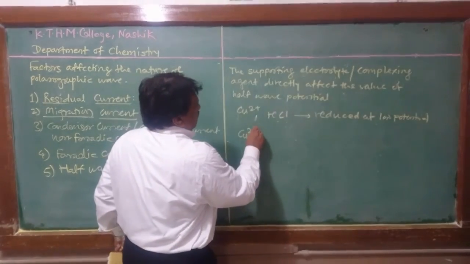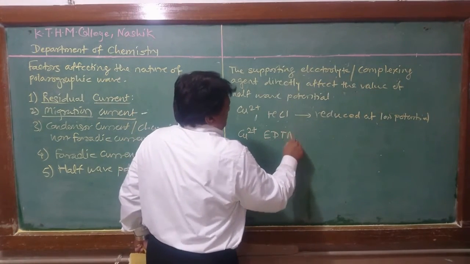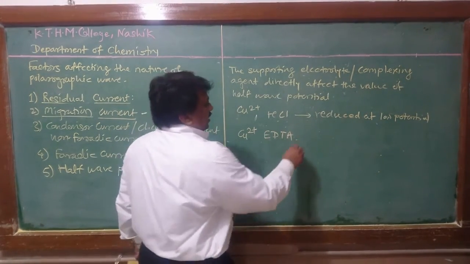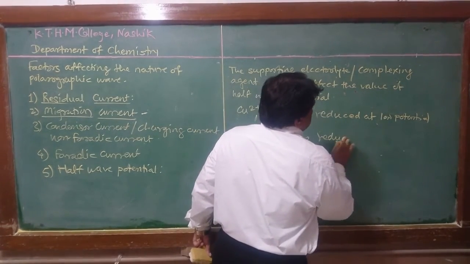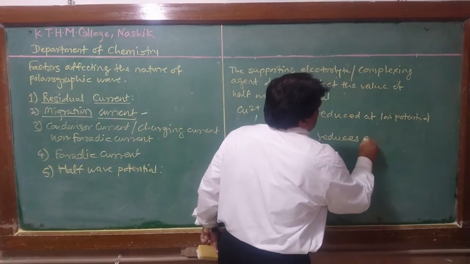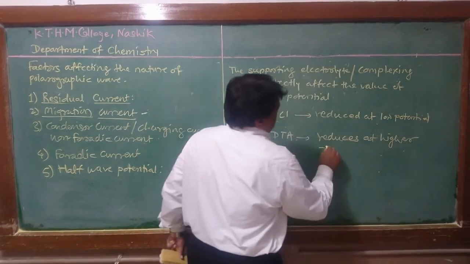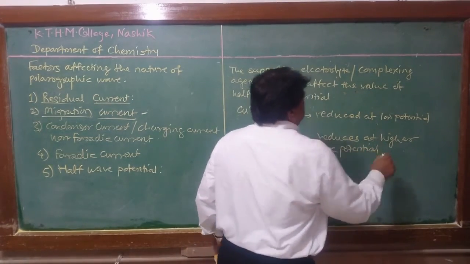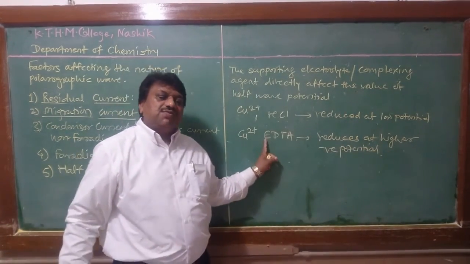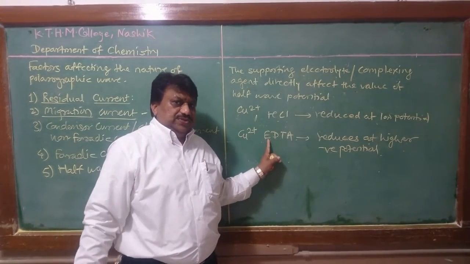But if copper 2 plus is present in presence of EDTA, then it will be reduced at higher negative potential, because here additional energy or potential is required to remove that ion from the complex state, and then it is reduced.